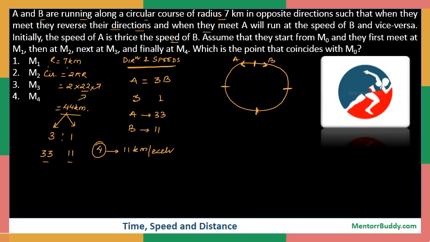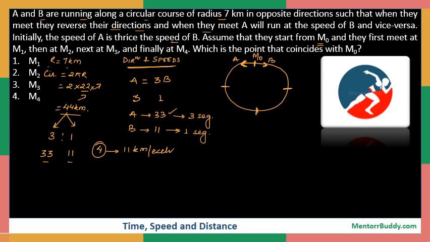Also, it is given that they start from M0. That means this point should be M0, and they first meet at M1. Now let's see how and when they meet. A is traveling from this side, and because A has to cover 33 kilometers, which is equal to 3 segments, B will be covering one segment.